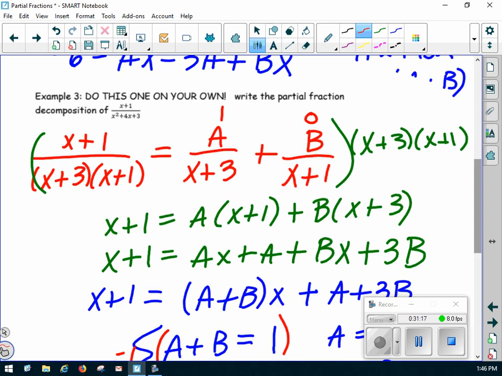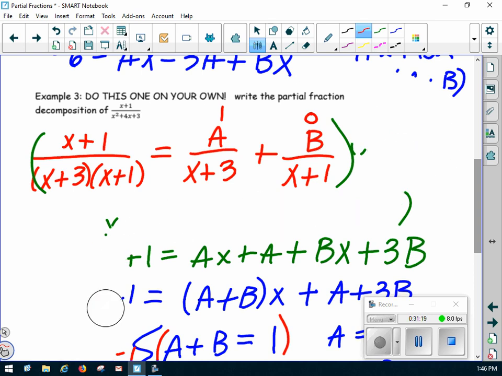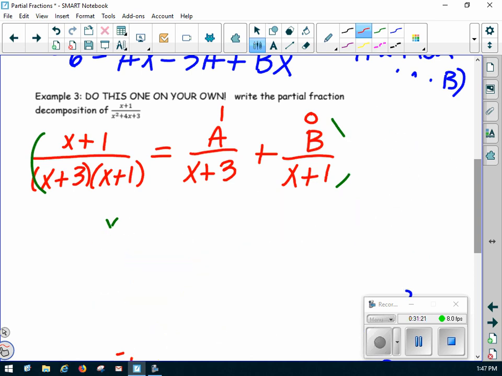What does this look like in an answer? Yeah, this is 1 over x plus 3. What's 0 divided by anything? 0. Wait a minute.